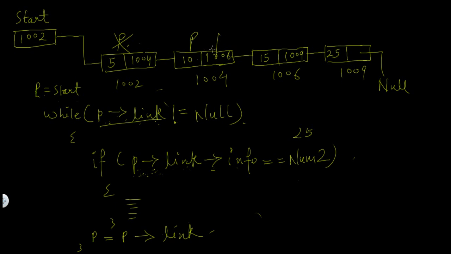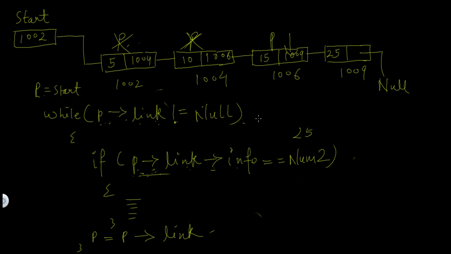Now again this p link is not equal to null, so this while condition is true. This if statement will be checked. Now the info part of the next node, which is 15, is not equal to num2, so this if condition is false, so the address of the next node will be assigned to p, so p will now store the address of this node.